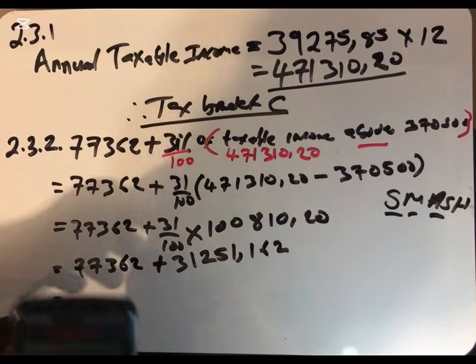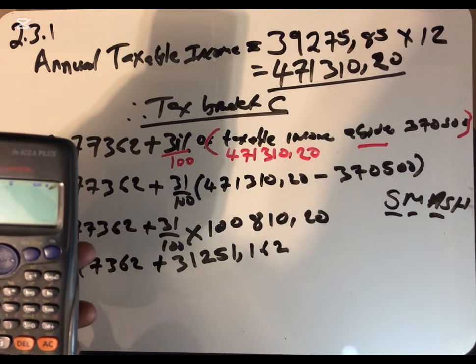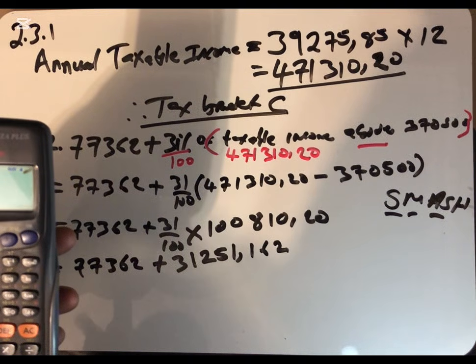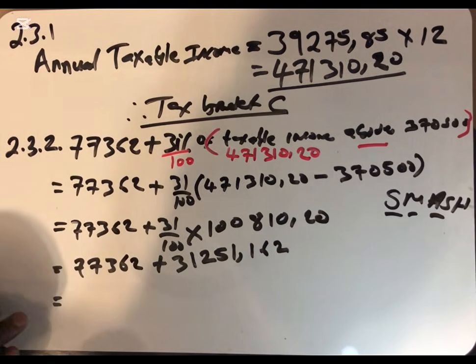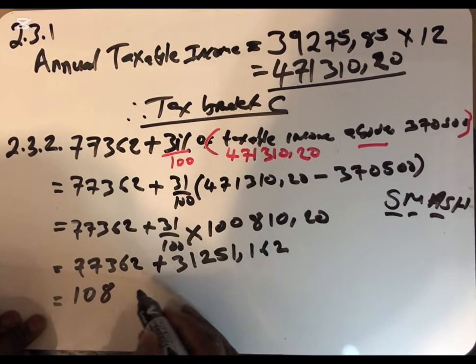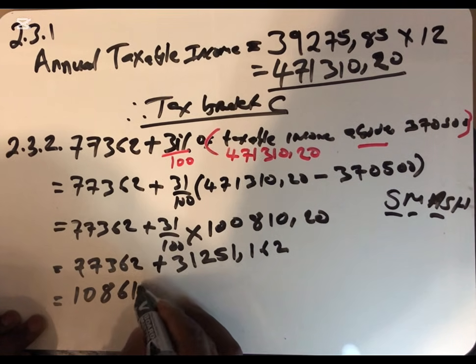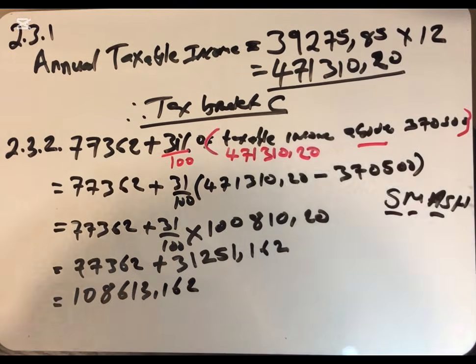Now we just have to add the two. Say 77,362 plus 31,251.162. We found that the person is supposed to be paying 108,613.162. This is the amount of tax this person is supposed to be paying.